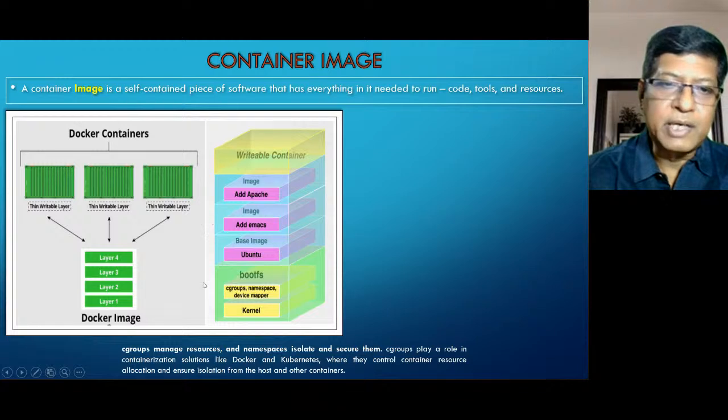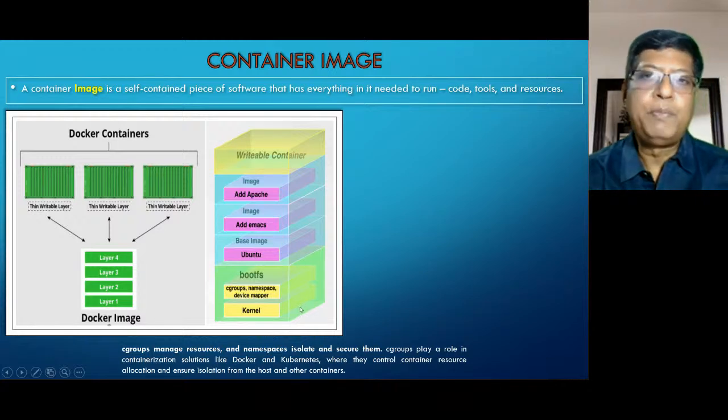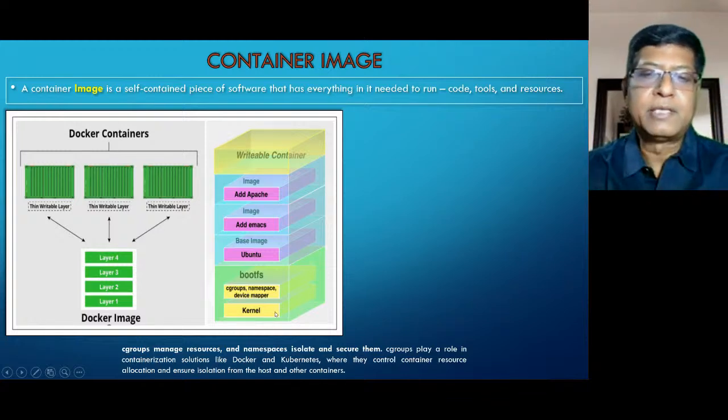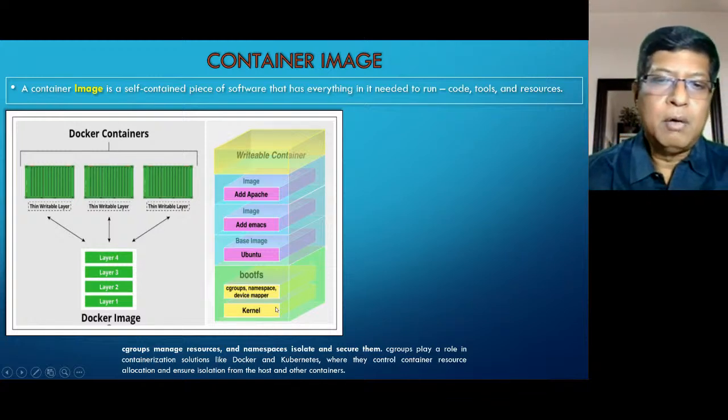Think of this as a big container. The lowest layer is the boot file system on which the container will start running. Container is after all a software package, and a package can only start with some environment.